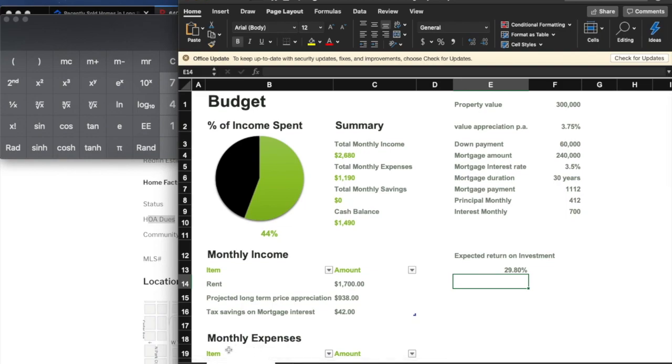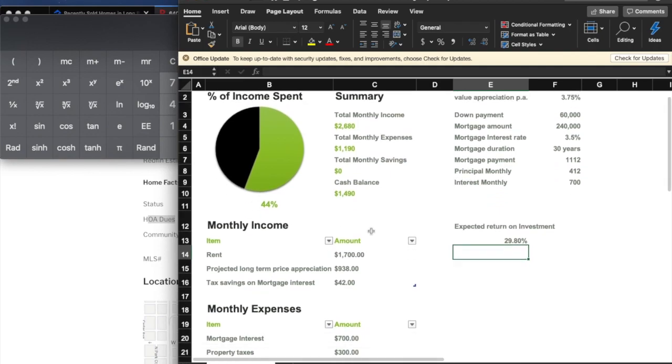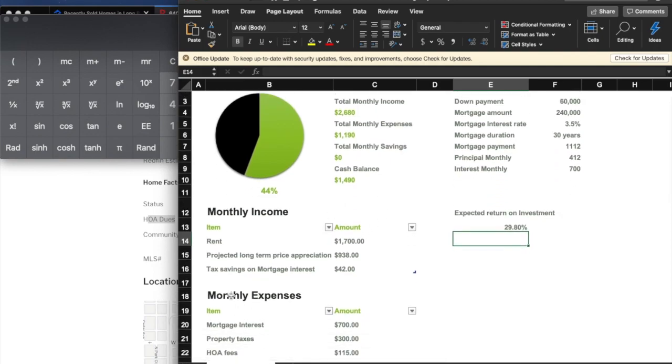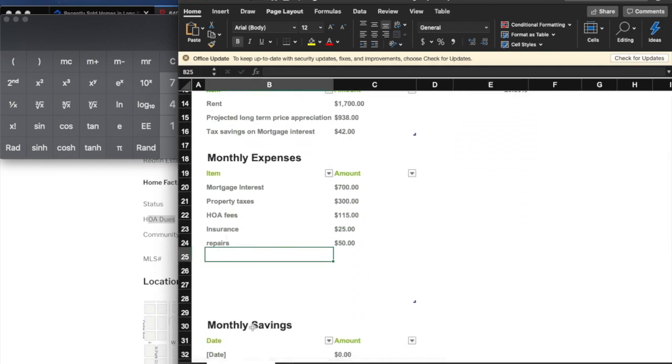Again, this is a simplified version, and it applies to deals where you intend to live there. If you want to rent it out, the math is a little bit different. On the one hand, you would need to add to your monthly expenses a line for vacancy and evictions.